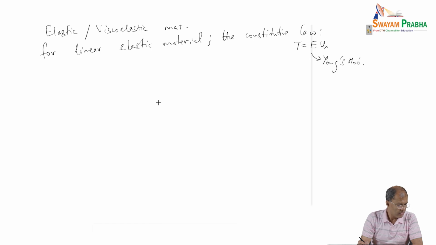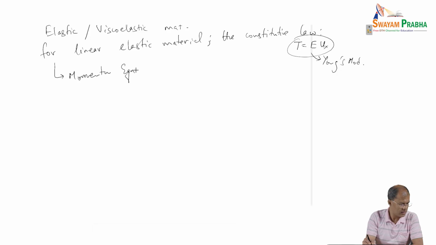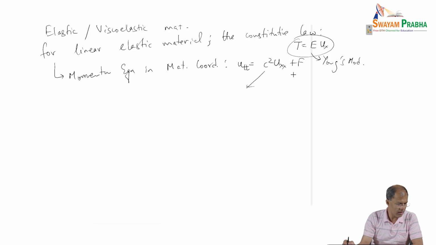If this is the case for a linear elastic material, and we plug it into our momentum equation in the material coordinate, we get UTT is equal to C square Uxx plus F, where C square is Young's modulus E by rho naught, the initial density.